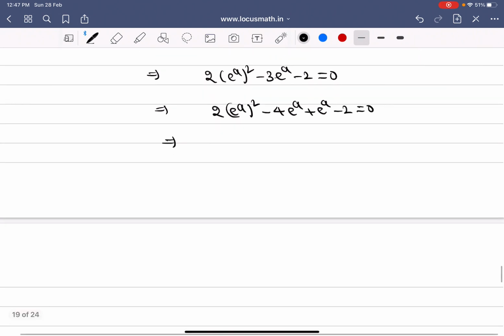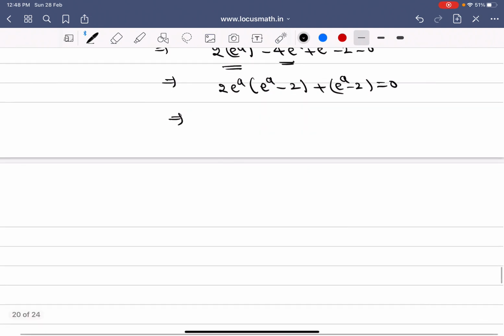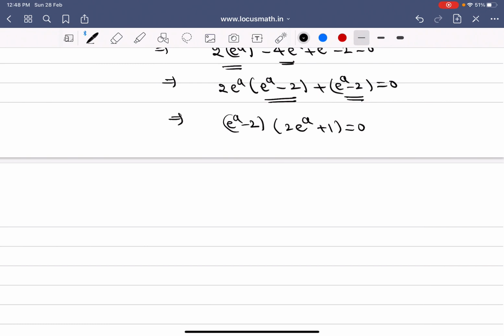We take out 2e^a common from the first two terms, that is 2e^a into (e^a minus 2) plus (e^a minus 2) is equal to 0. This implies we take out (e^a minus 2) common, that is (e^a minus 2) into (2e^a plus 1) is equal to 0.